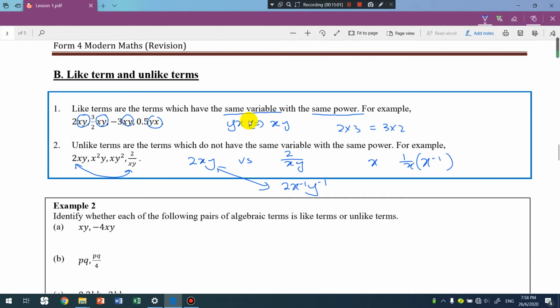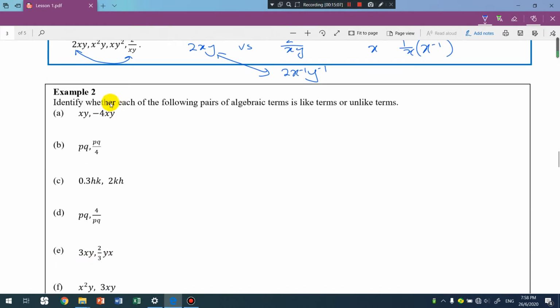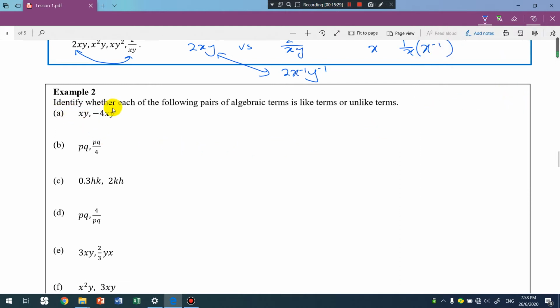Let me give you some examples, then you will understand better. Example 2. Identify whether each of the following pairs of algebraic terms is like terms or unlike terms. Remember, like terms: same variable, same power. If they do not fulfill these two conditions, then they are unlike terms. xy, xy. The coefficient here is not important.